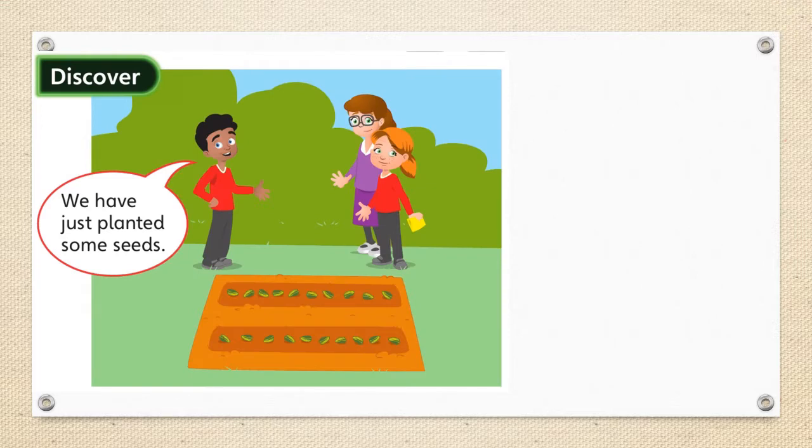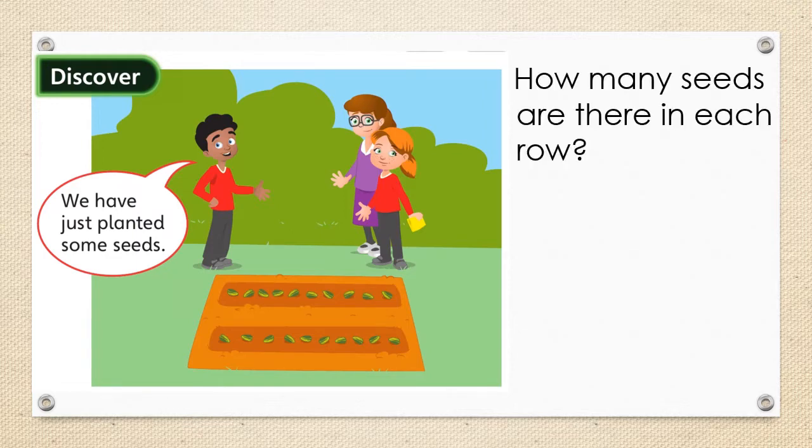Look at the picture. Jack says they have planted some seeds. How many seeds are there in each row? Pause the video and count the number of seeds. Let's get back together.